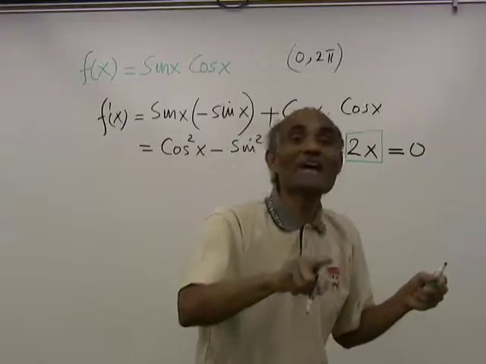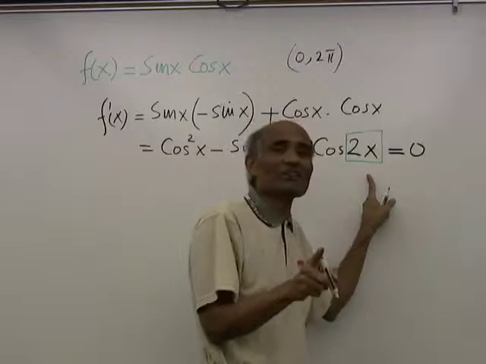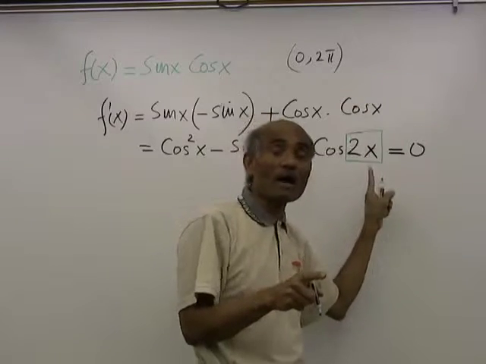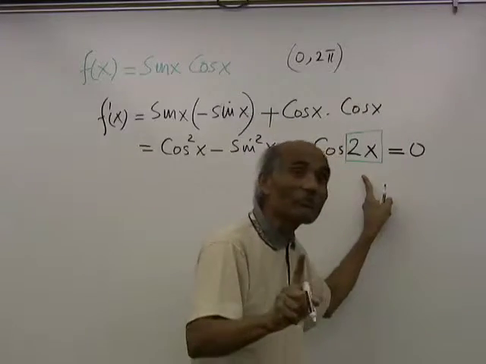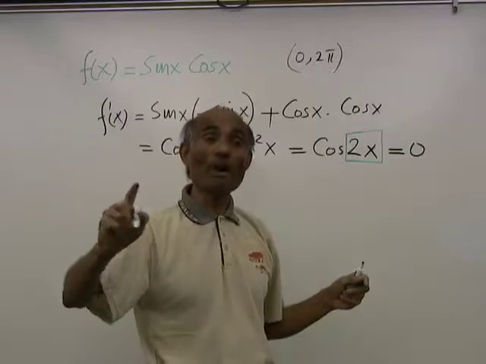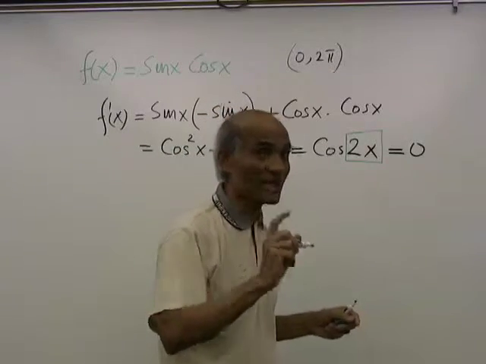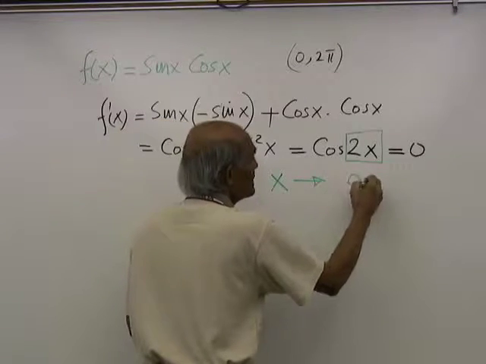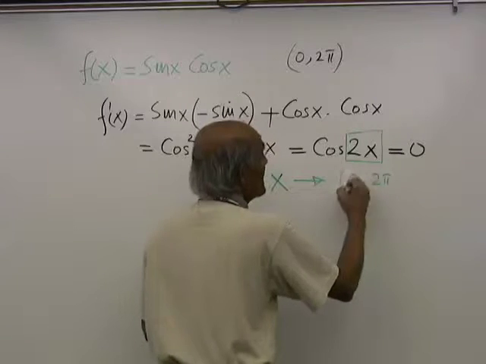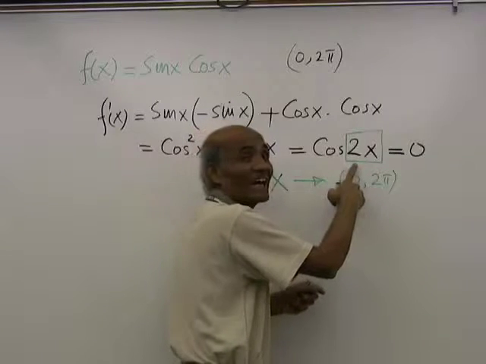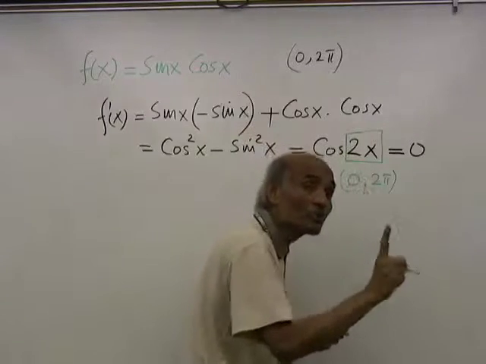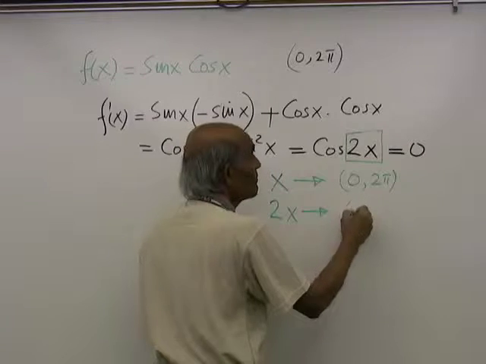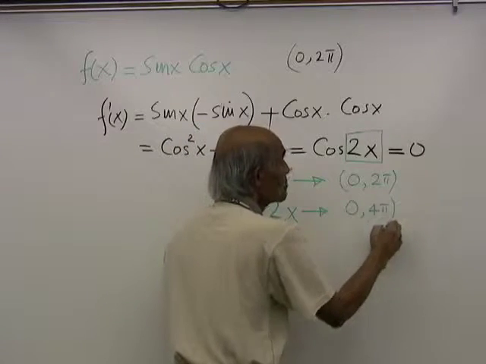You see, cos theta equal to 0. That theta is 2x. If you want to find x values in 0 to 2 pi, you must find 2x values in 0 to 4 pi interval. I want you to understand that carefully. Remember, we want to find x values in the interval 0 to 2 pi. But this equation allows us to solve only for 2x. That means the values of 2x need to be then found in the interval 0 to 4 pi.